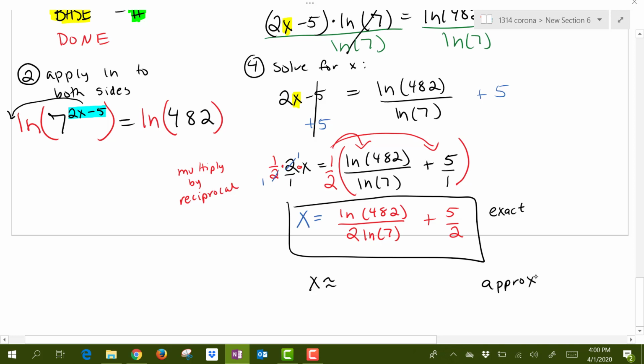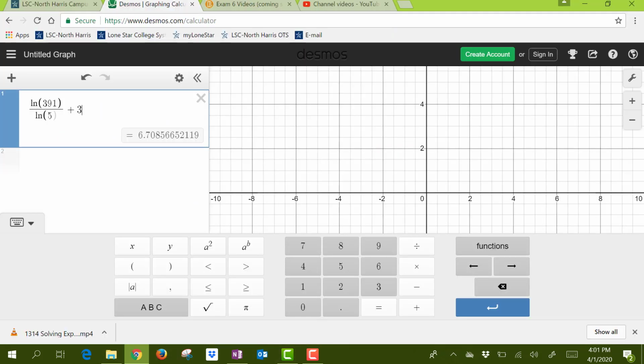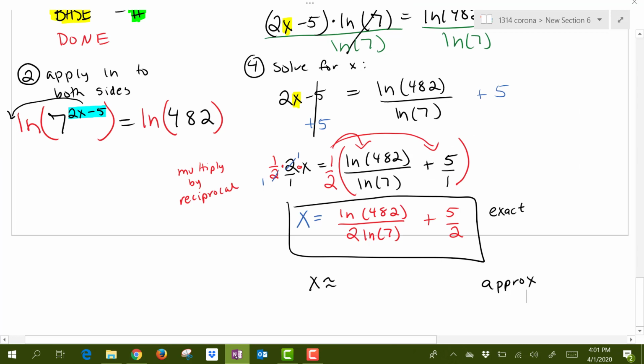Alright, let's work on putting this into Desmos. So we have the natural log of 482, divided by the natural log, what do I have here?